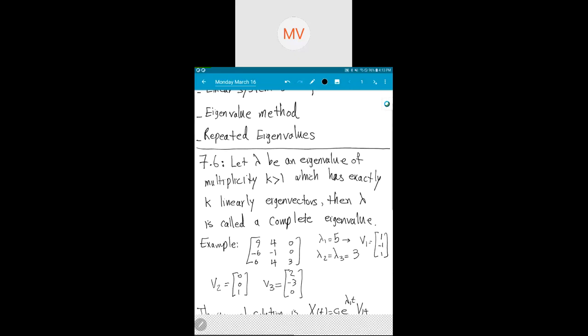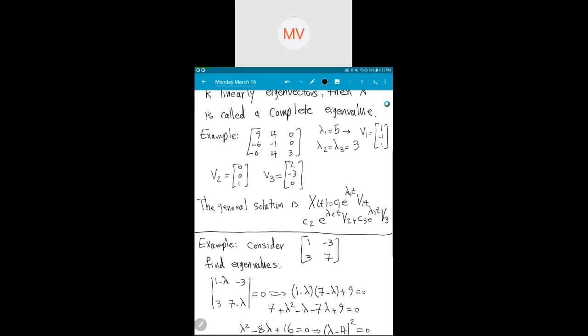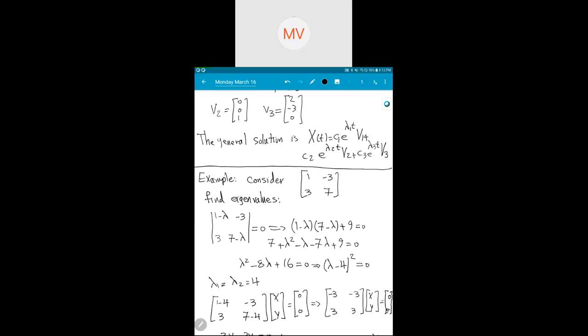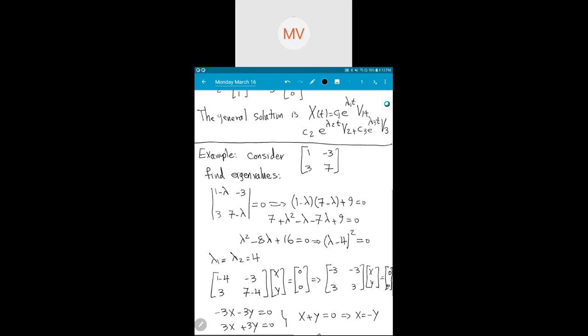So the one in the bottom that we just did. Here lambda equal 4 has multiplicity 2, but it only has one linearly independent eigenvector. That means it's defective, and the defect is 1. Okay.